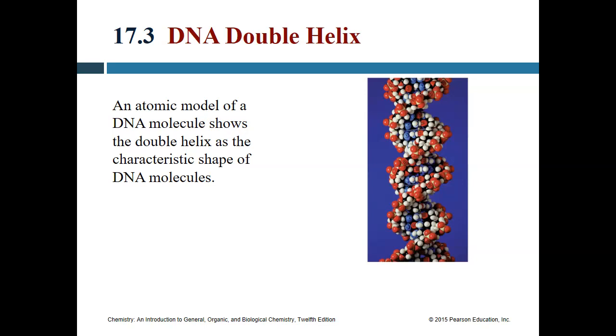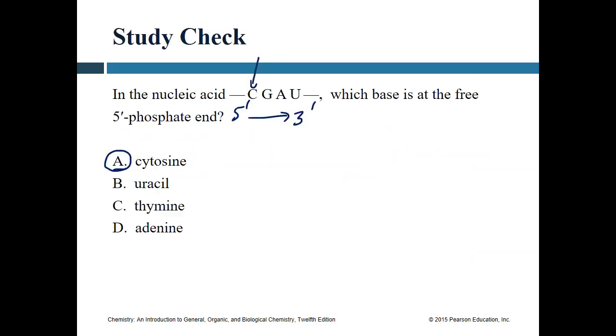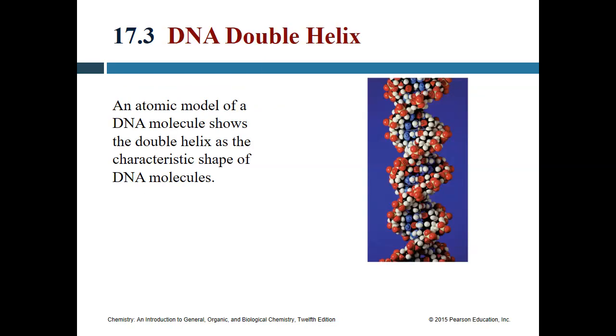Because we know from our earliest biology experiences in school that DNA is not just a long strand of stuff. We know that DNA looks like this, classic double helix. But how do we get from these long linear chains to this double helix?